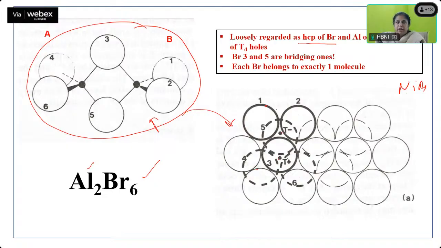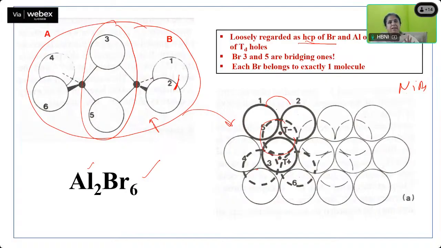Now, if you want to see it in this form, your 1 and 2 are bonded to 5, which is here, and 3, which is at the bottom. And 5 and 3 are bonded to 4 and 6. So 3 and 5 are the bridging ones. So this is the molecule of Al2Br6, loosely based on the hexagonal close packing of bromine, aluminium occupying the tetrahedral hole.